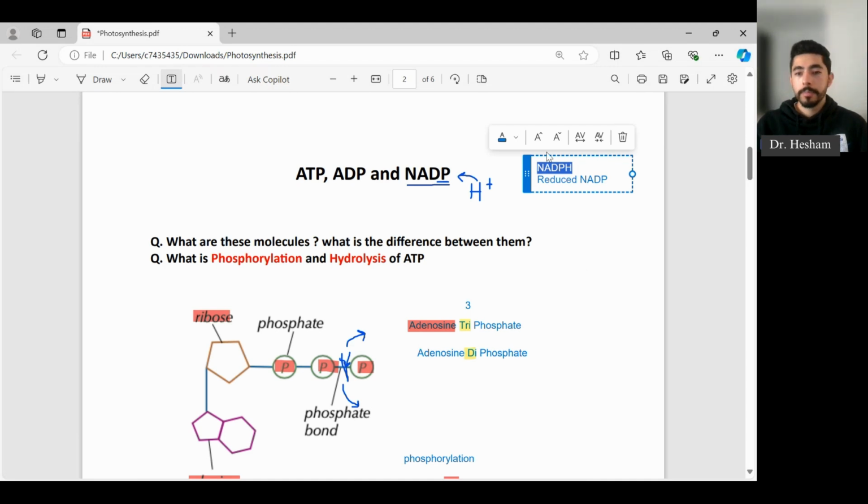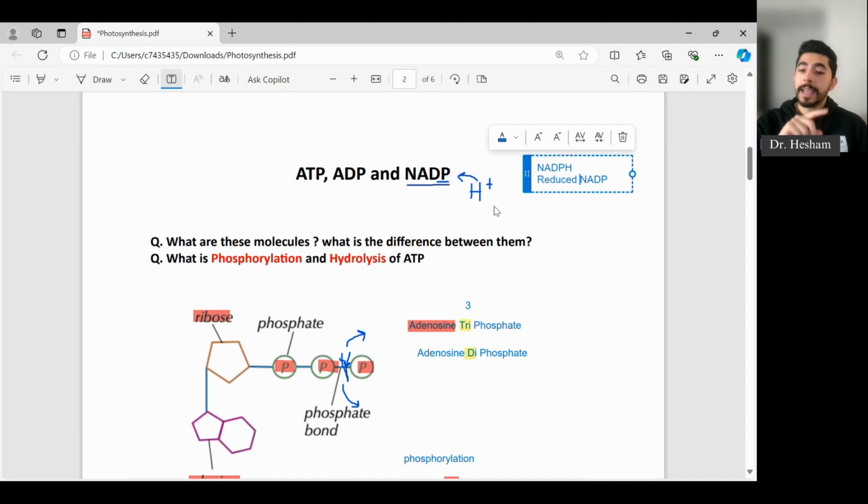All right? So these are the molecules of NADP. We don't need to go into their structure like we did with ATP because this will complicate things and this is not really required in the specification of A-level biology. We just need to know that this is a coenzyme that gets reduced when hydrogen is added to it and gets oxidized when hydrogen is released from it.